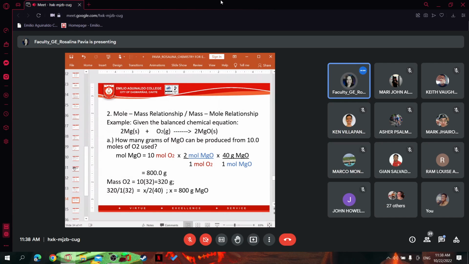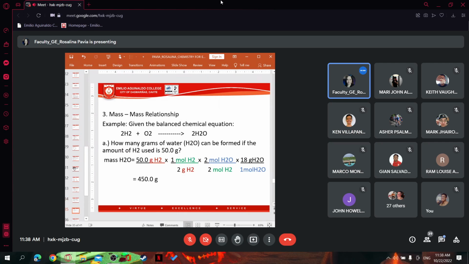Next situation or relationship: mass. The mass, you can also solve it using dimensional analysis.